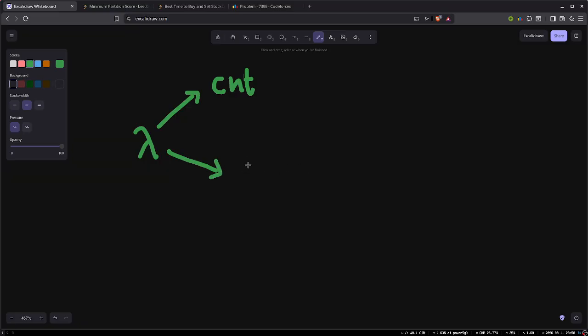Net profit in the sense, it would be actual profit plus some x times lambda, or else, since we are maximizing, it should be negative.